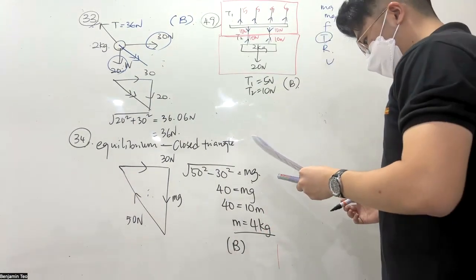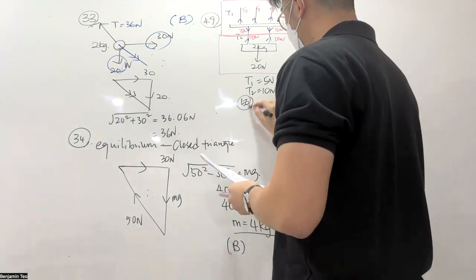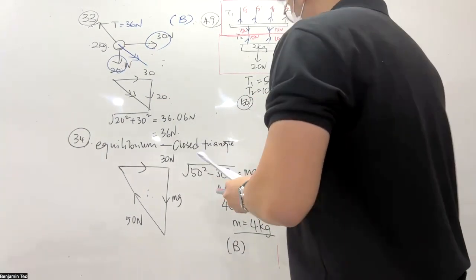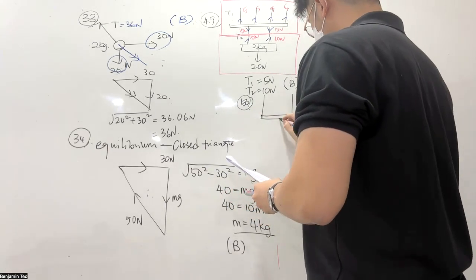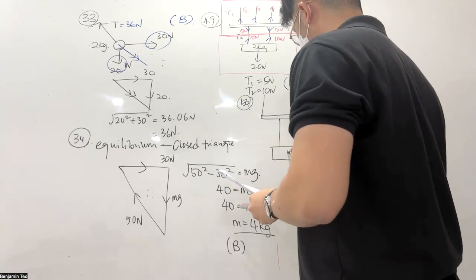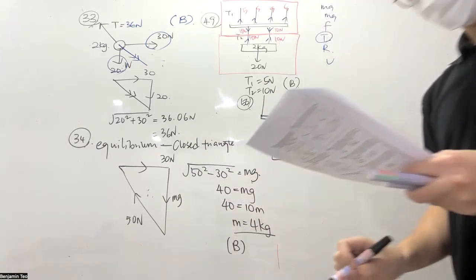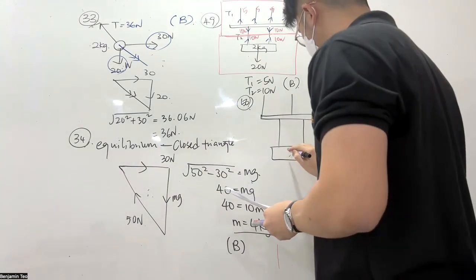50 is almost the same. Question 50. So you got 3 springs up, then 2 springs, 5 kg. Oh, sorry, this is 2 kg.